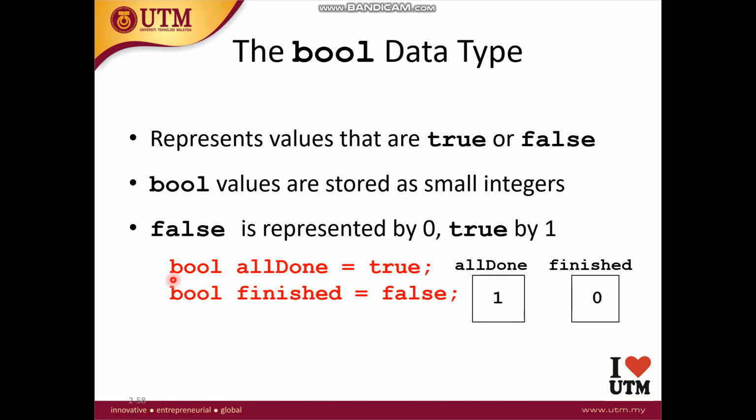For example, we are defining this variable all done, whose type is bool. We are saying bool all done equals true or equals false. So in this case 1 is going to be stored inside the memory, while in this case 0 is going to be stored inside the memory. So each of these variables has its own data.